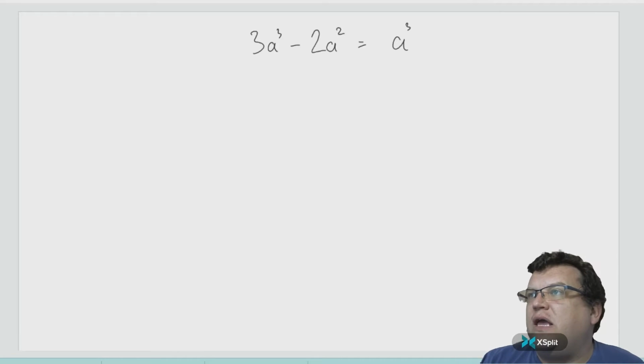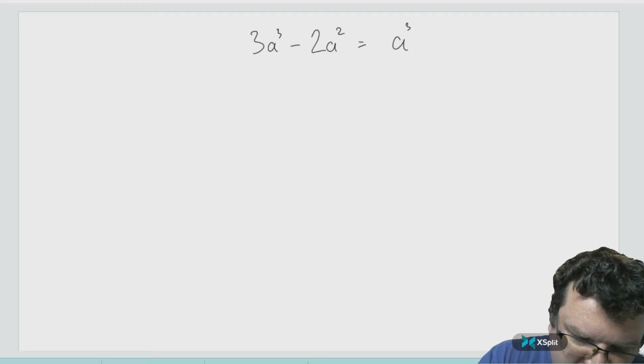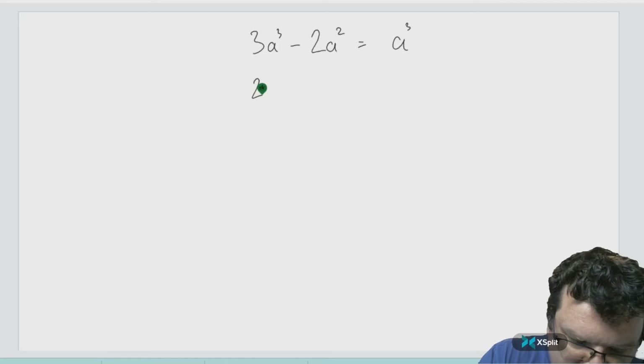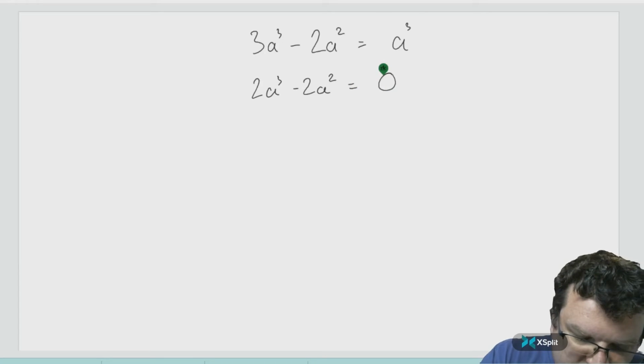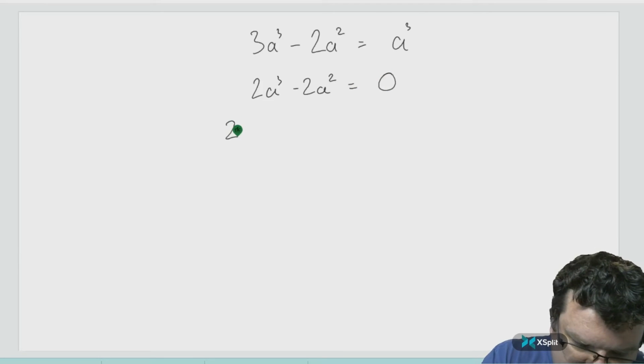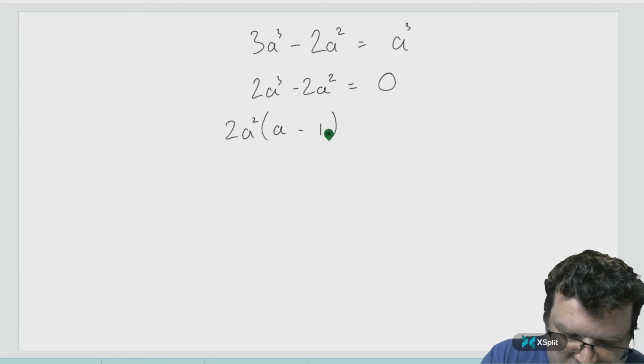So I think here it's probably easiest just to subtract my a cubed term over to the left hand side, and I'm going to end up with 2a cubed minus 2a squared equals 0. And now I'm just going to look for a factor. Well, 2a squared is in fact itself a factor. Here we go, we've got a minus 1 then is equal to 0.